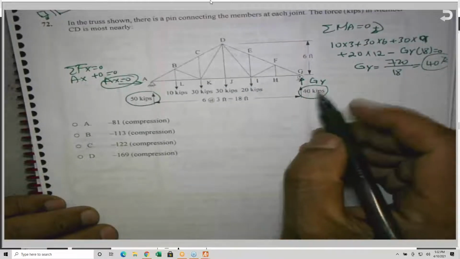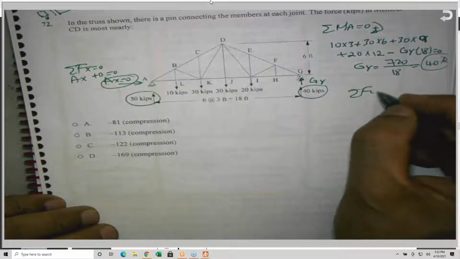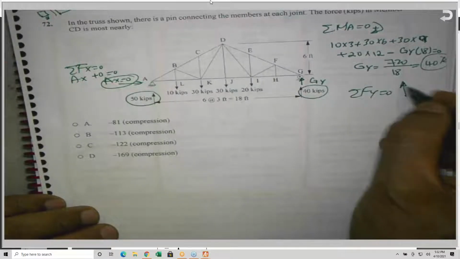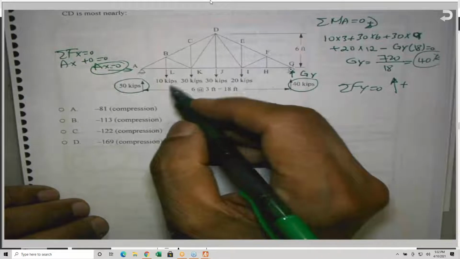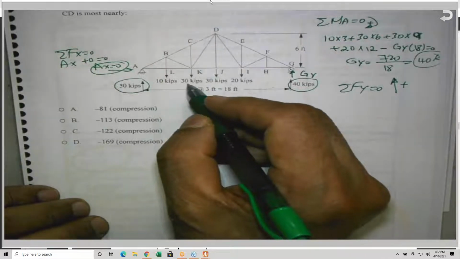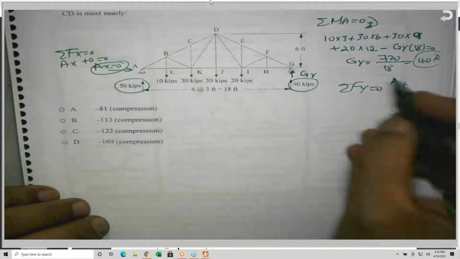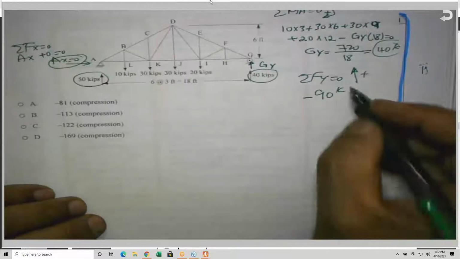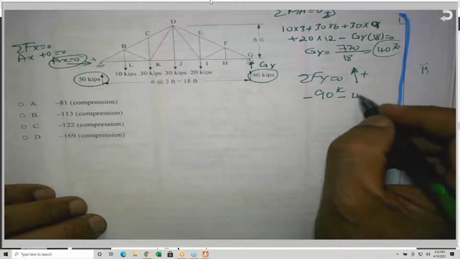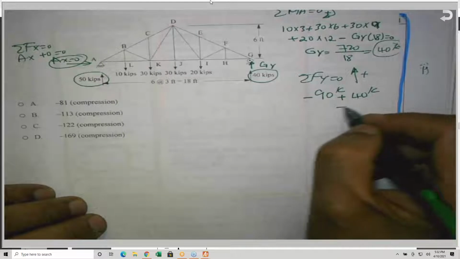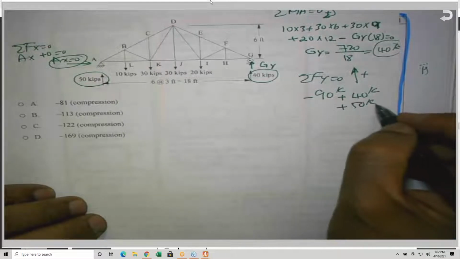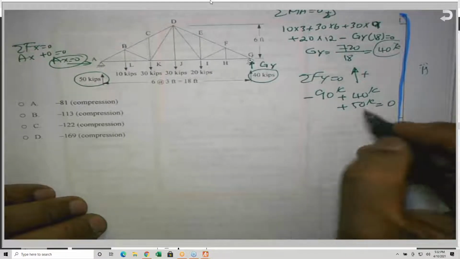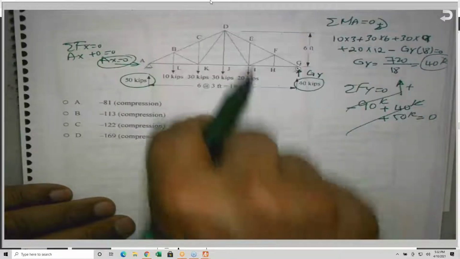And as you can see here, sigma force y equals 0, and up is positive. So I have 10, 40, 70, 90. So 90 kips going down, minus, this is 40 kips going up, plus 50 kips going up, equals what? It's supposed to equal 0, and in fact, they are balancing. Anything that goes down should be resisted. Action and reaction.